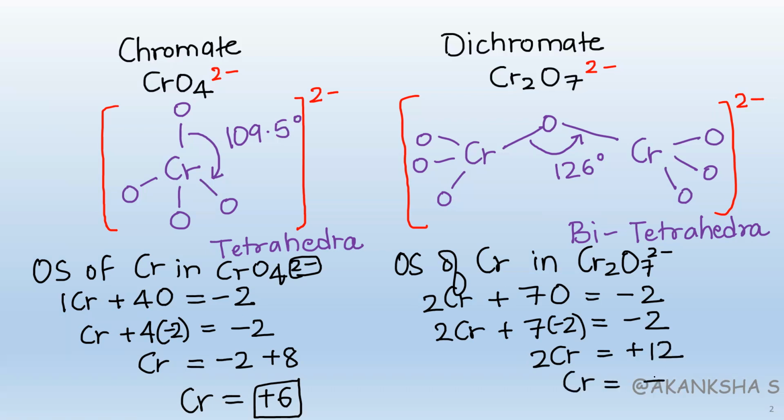Chromium gives me an oxidation state of +6. So both chromate ion as well as dichromate ions show an oxidation state of +6. That is all that we need to know about the ionic structure and representation, as well as the oxidation state of chromium in the respective ion.